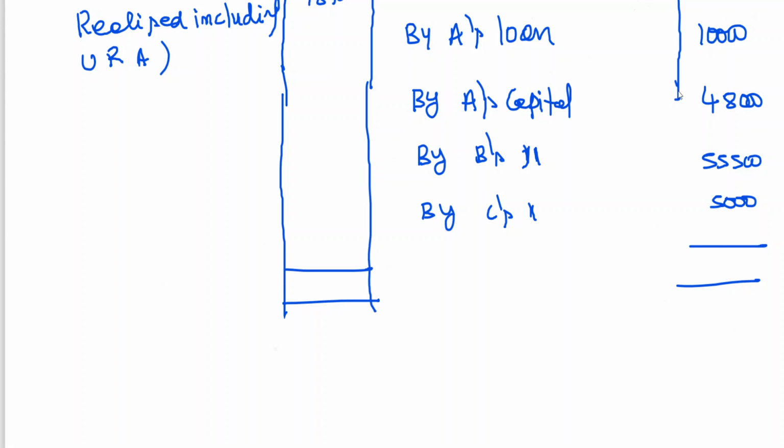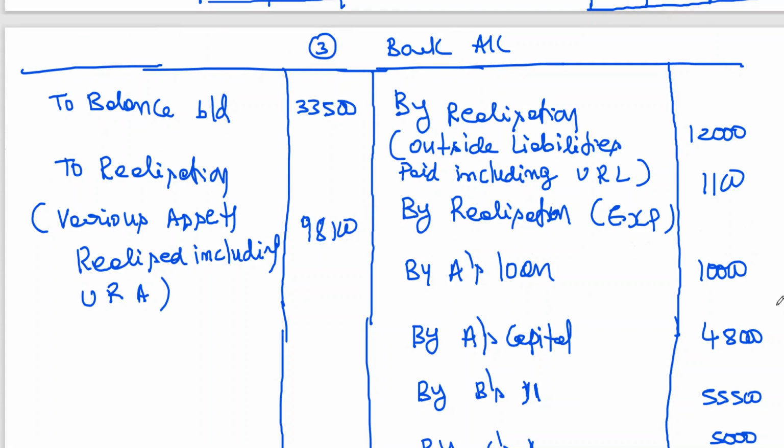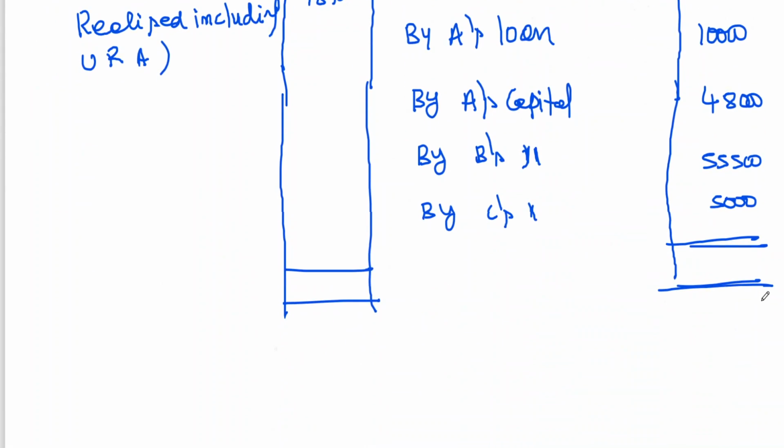Now the bank account has to be closed. Let us see the total on the debit side first. 33,500 plus 98,100. It is coming to 1,31,600.